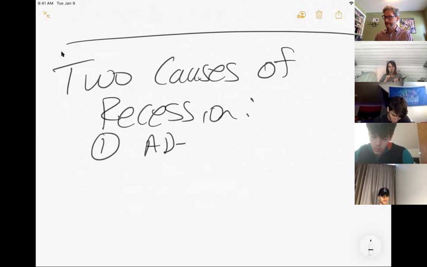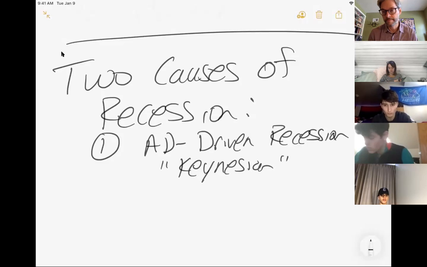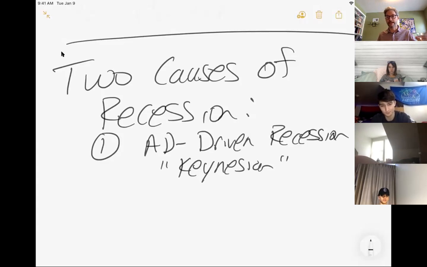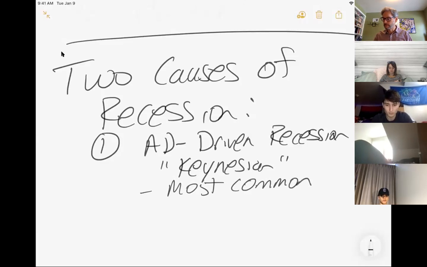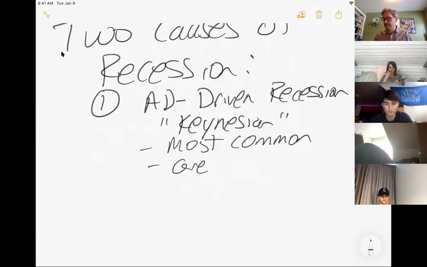We're going to talk about an aggregate demand-driven recession, or we could call this a Keynesian recession, because this is the kind of recession that Keynes envisioned as the primary type of recession that economies like the US has. And I'm going to make the argument this is the most common. And this kind of recession explains some of our biggest recessions, such as the Great Depression.